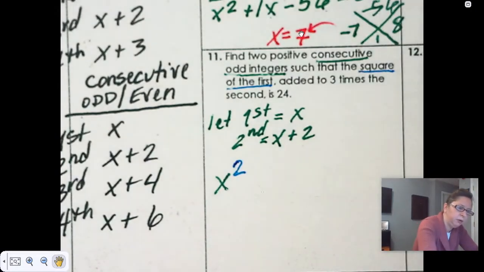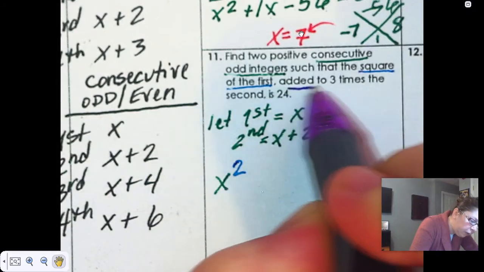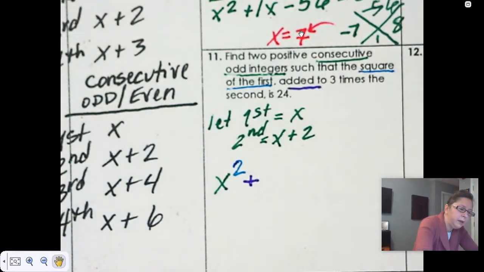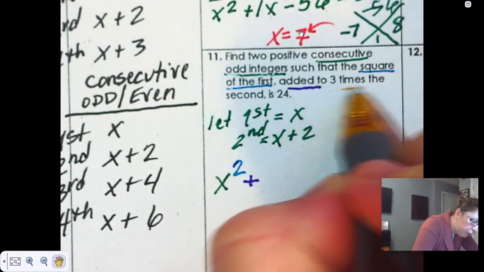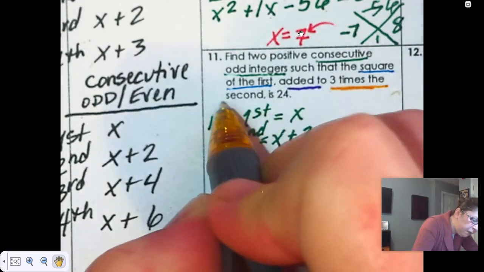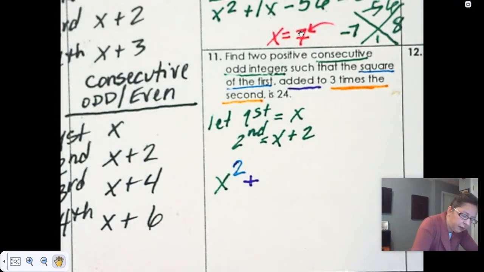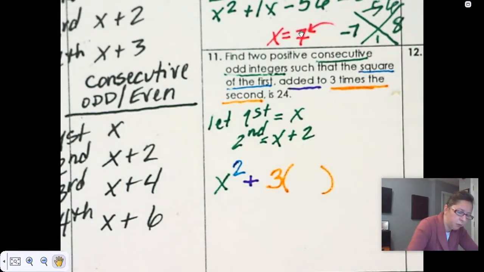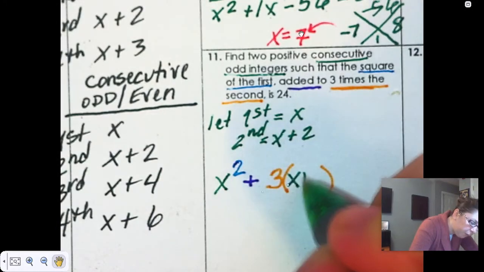Added, so I'm going to use a different color now, added to 3 times the second number. So I'm going to take a 3 and multiply that by the second number, which was x plus 2.